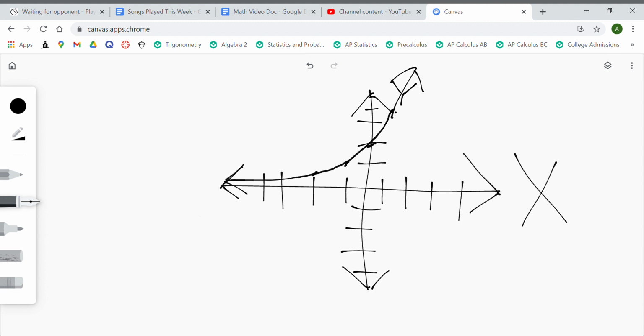And then on the left side, it seems to approach the x-axis. It's getting closer and closer, but it never seems to touch it. So one thing you might want to think about is marking the asymptote. So we're just going to put a dashed line through here. Okay? This is going to be important for when we get to the last two problems, which focus on translations of functions.